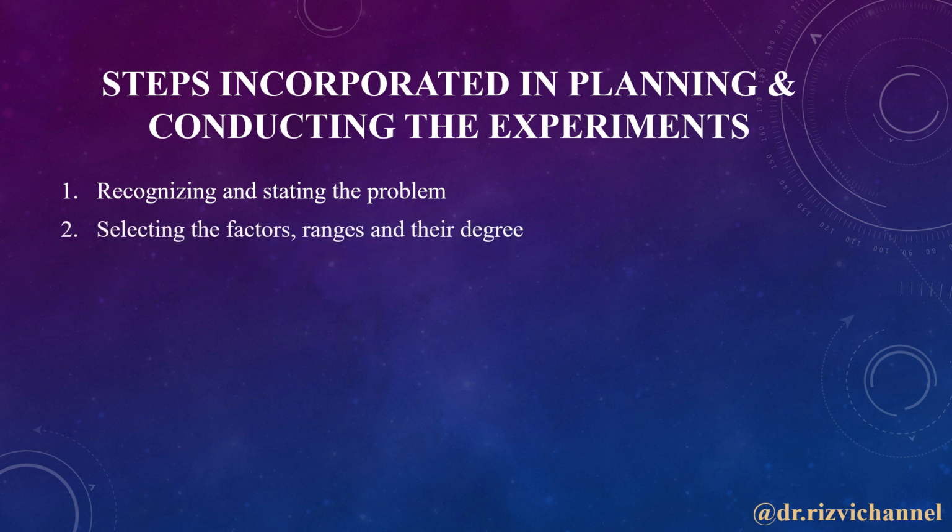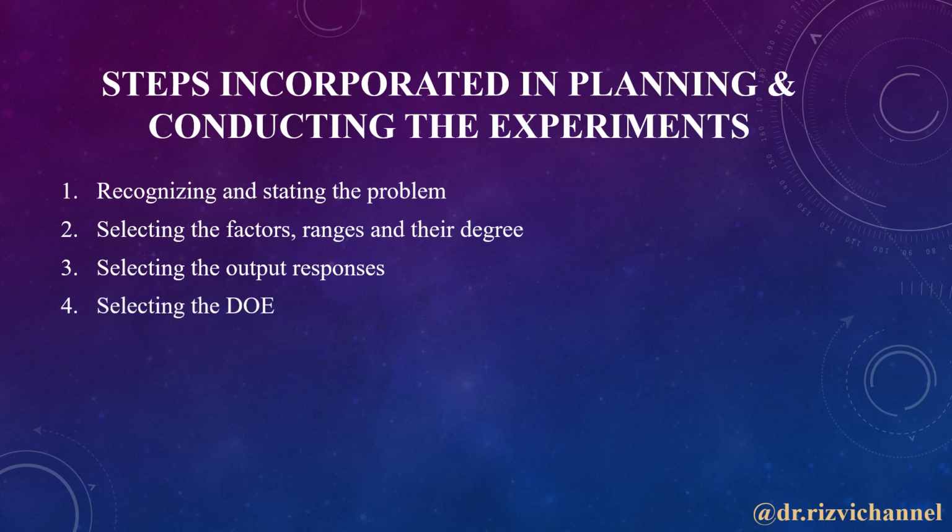Then we have to select the factors, their range and their levels. The parameters are selected. After selecting the parameters, we also select the output responses or the performance measures, or you can say the results that we require. Next, upon selecting the factors and the output responses, we select the type of design of experiment.